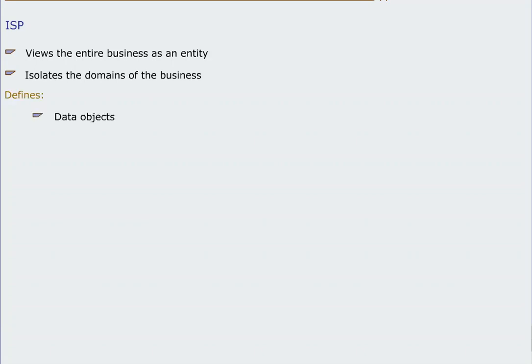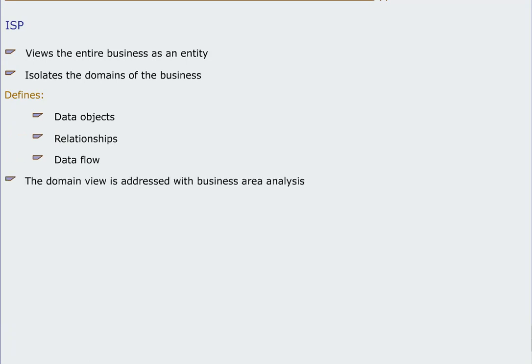ISP defines the data objects that are visible at the enterprise level, their relationships, and how they flow between the business domains. The domain view is addressed with a business process engineering activity called business area analysis.